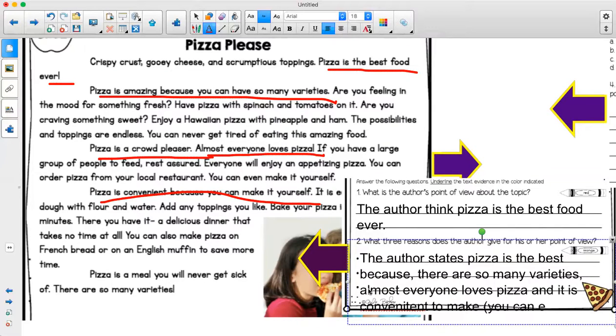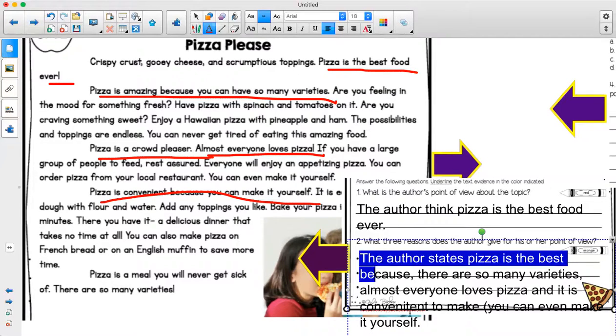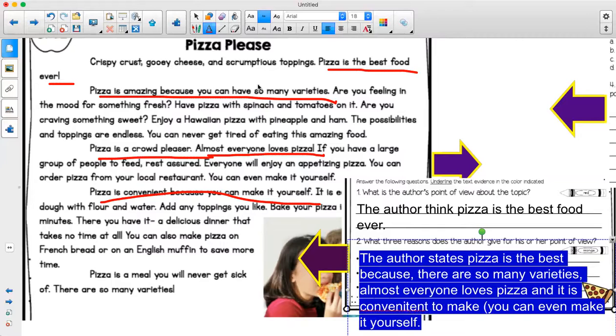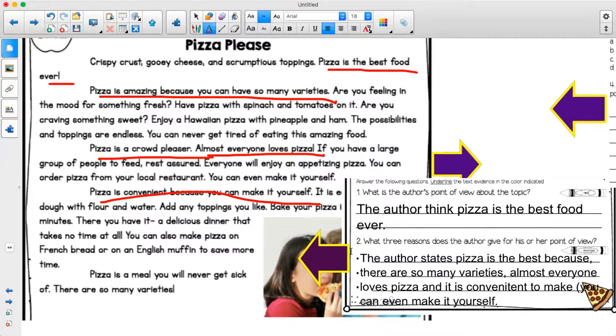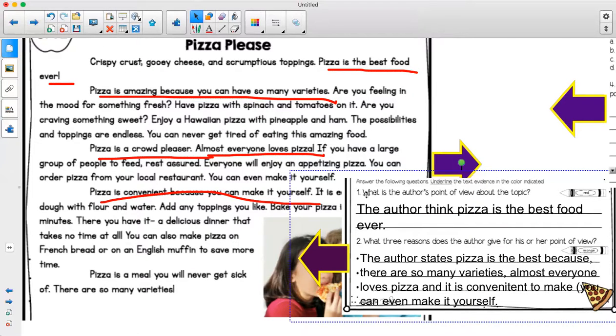You can even make it yourself, period. Okay. Just going to make that a little bit smaller so you can see it all. Okay, and there we have it. I'm going to put this away. Those are my 2 answers.